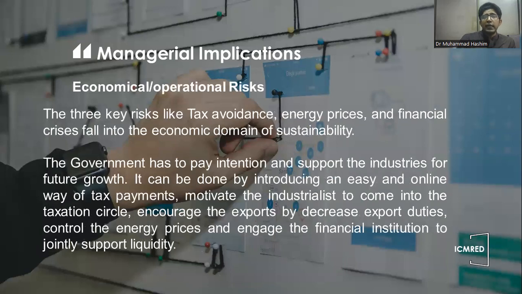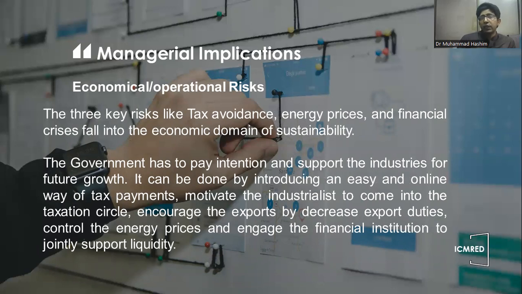The third and last is the economic or operational risk. Under this category, there are three key risks: tax avoidance, energy prices, and financial crisis. These fall into the economic domain of sustainability.